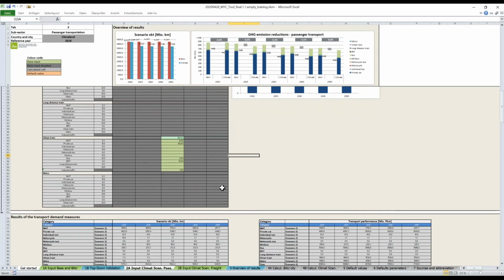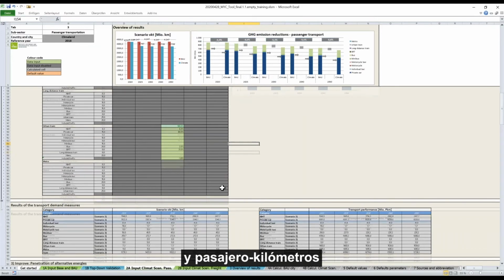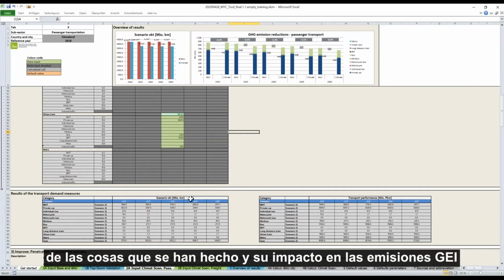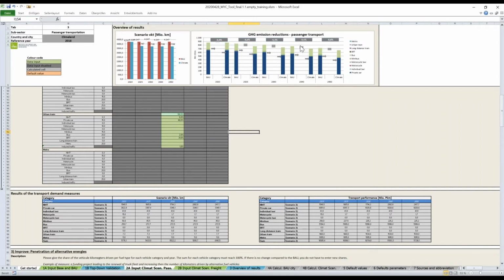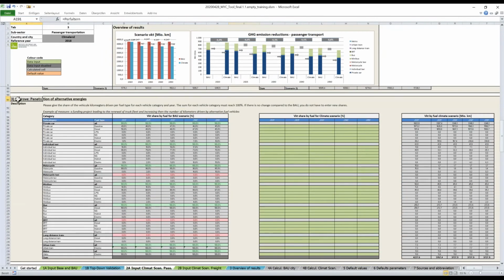So the second point, shift. You have the results here in terms of million kilometer and person kilometer. You can see the results of your activities here, what you have done, how it impacts the GHG emissions. And you're going to be at the same level as the person that had a transportation model. You're going to improve.